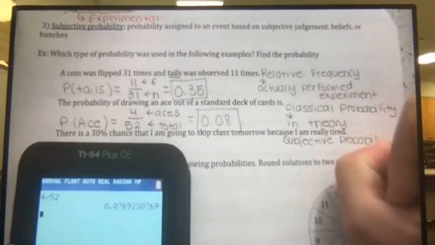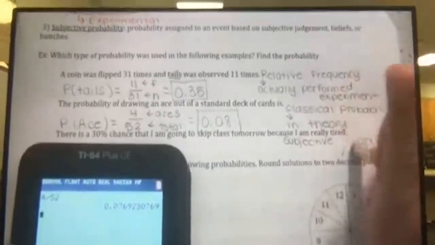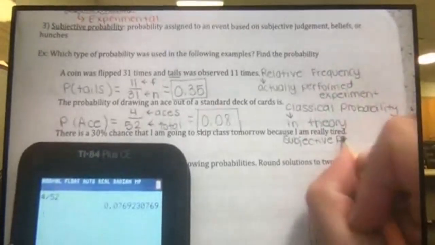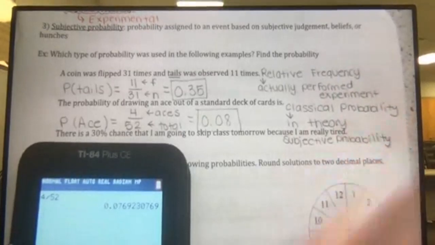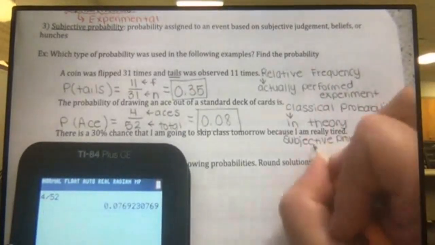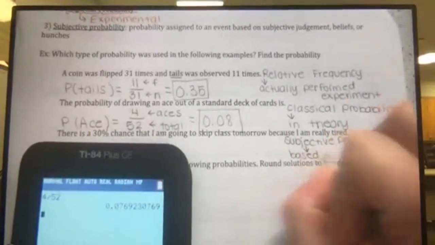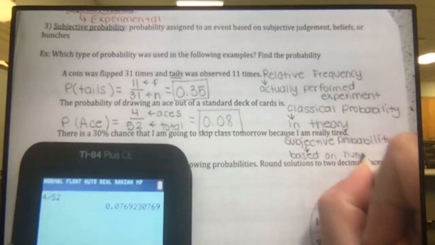Subjective probability. I wrote that really fast. Based on a hunch.